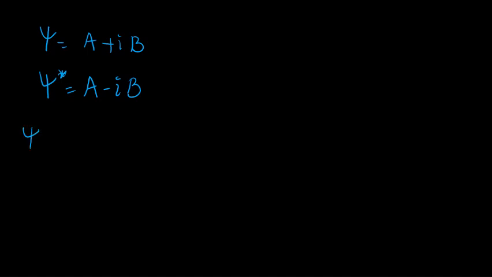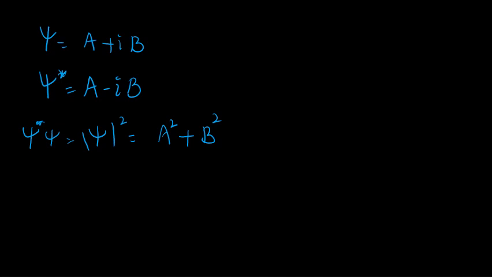We can find the probability by multiplying psi and its conjugate. This is equal to psi amplitude square, the probability density. It will be equal to a square plus b square.